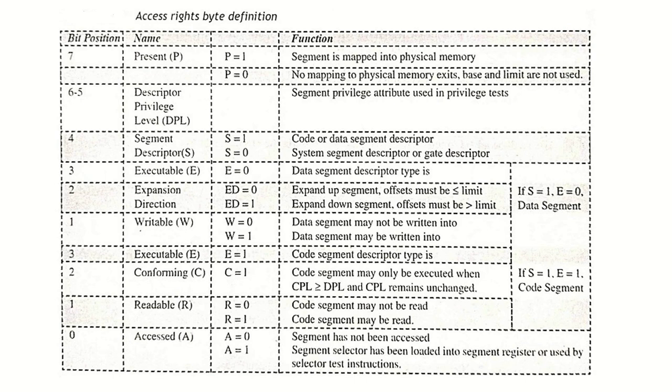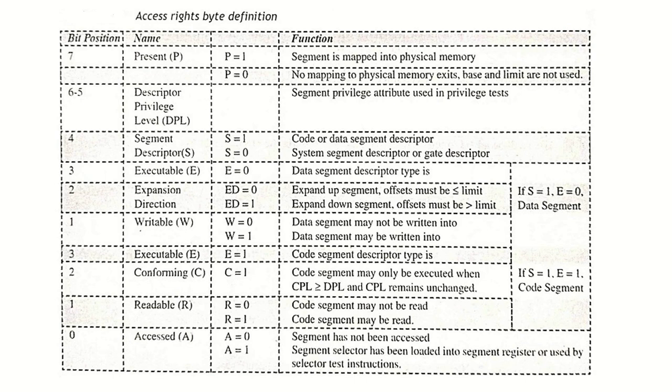Finally, the effective privilege level should be greater than or equal to the descriptor's privilege level, DPL. Then only you can access that particular code. That's about conforming. Then whether it is readable or not, and whether that descriptor has been accessed by any code or not.